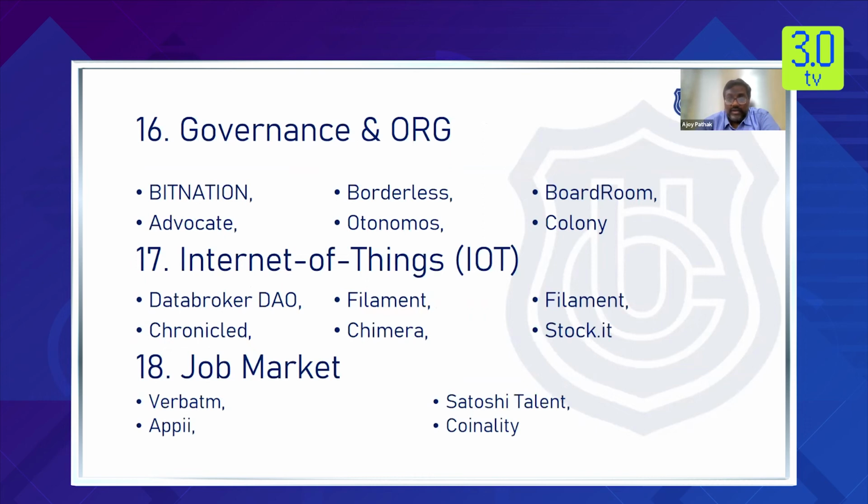Governance and organizational governance is something which can be decentralized now with DAOs, decentralized autonomous organizations, and other things. And some entirely smart contract based governance or community governed organizations are coming into perspective.